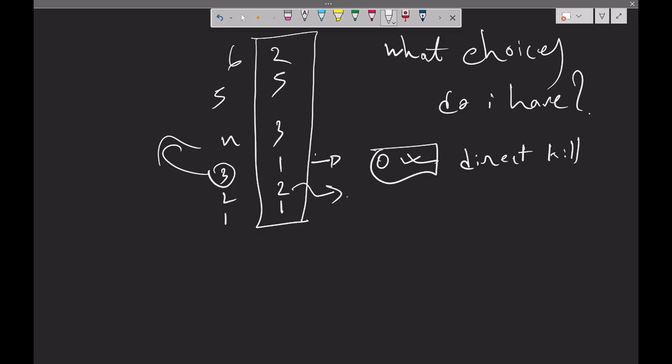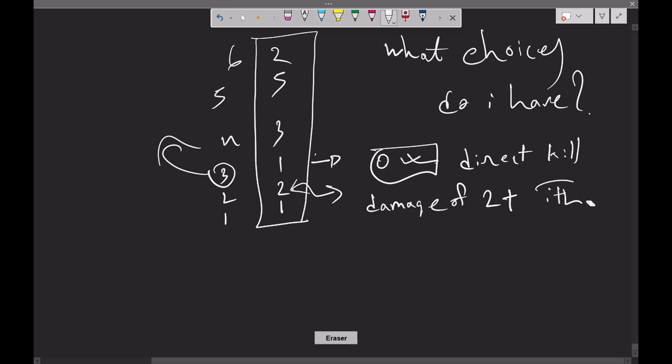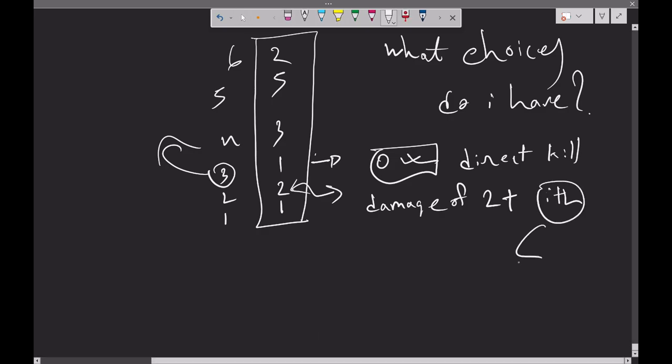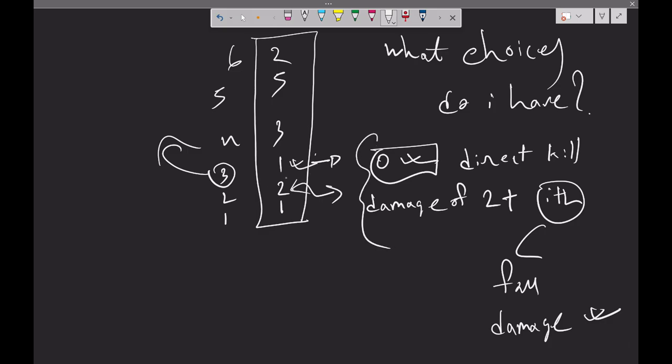Then I will do a damage of 2 plus the health of the (i+1)th element, and the ith element, the mob I intended to kill, will receive fall damage and then die. So there are basically two choices: I can directly kill this element, or I can kill the element below it, then it will receive fall damage and die eventually.